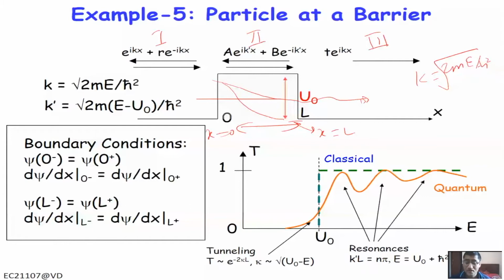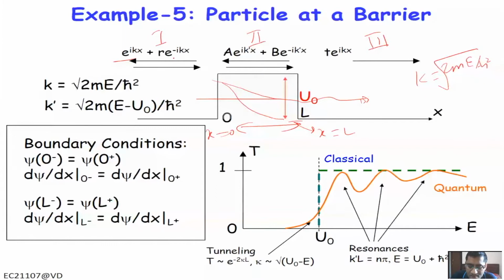Okay, then let's continue to the potential barrier here. In the three regions, in region 1 and region 3, k is root 2mE by h bar square. In region 2, k prime is root 2m(E minus U naught) by h bar square. You can apply two boundary conditions at x equal to 0, and two at x equal to L. For the first region, you can have the incident wave, assume magnitude 1.